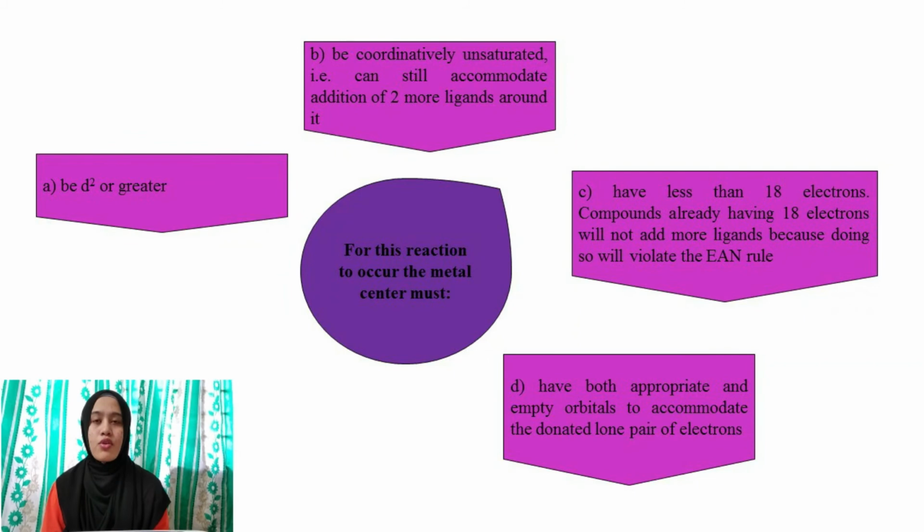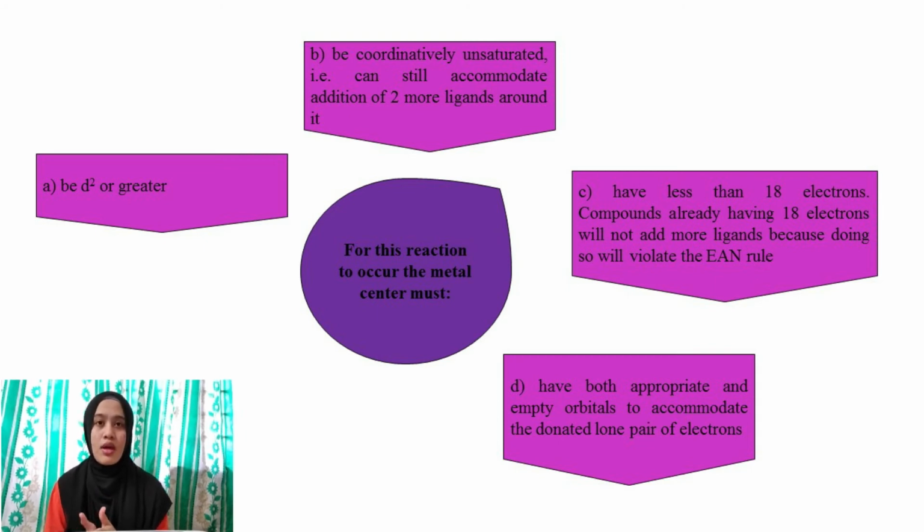So, for this OA reaction to occur, the metal center must be d2 or greater. It also must be coordinatively unsaturated, for example, can still accommodate 2 more ligands around it. Next, the metal center must have less than 18 electrons.